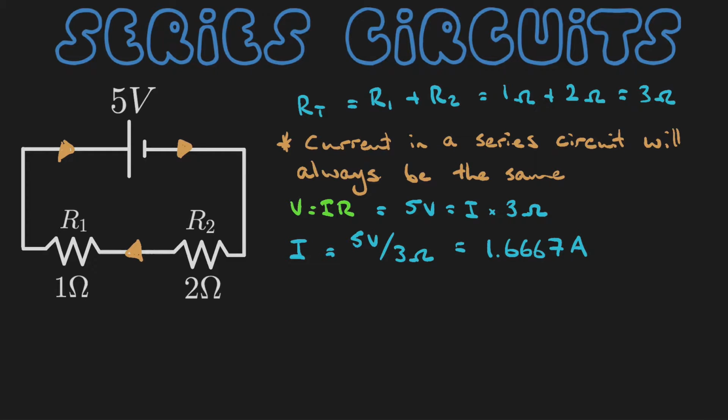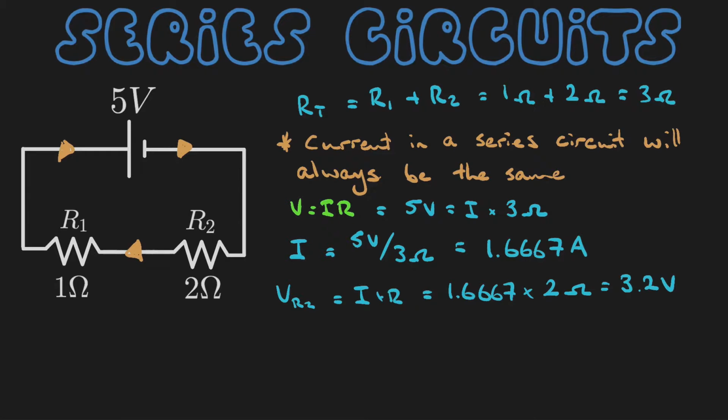So V for R2 is just I times R, and we know that the current remains the same in a series circuit, so I must equal 1.667, and R for R2 is 2 ohms. So it's quite simply 1.6667 times 2 ohms. Okay? Which comes out to be approximately 3.2 volts.